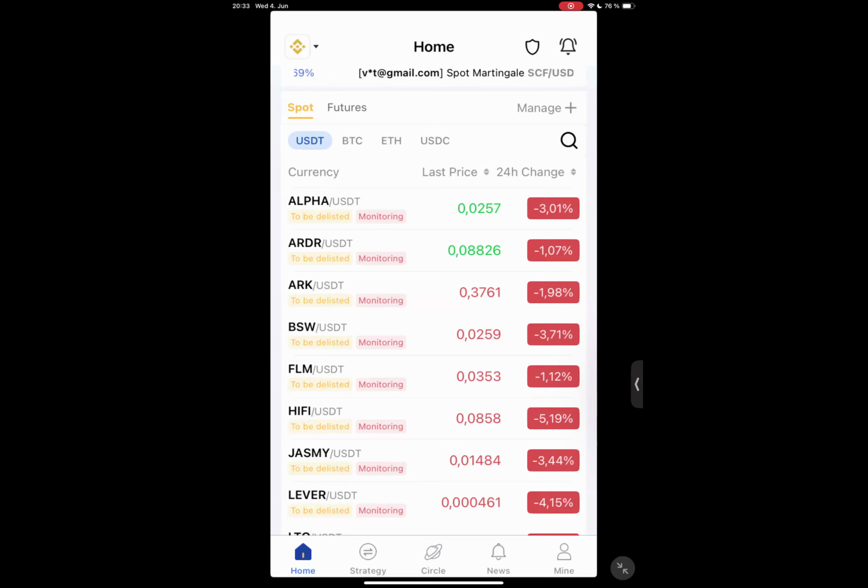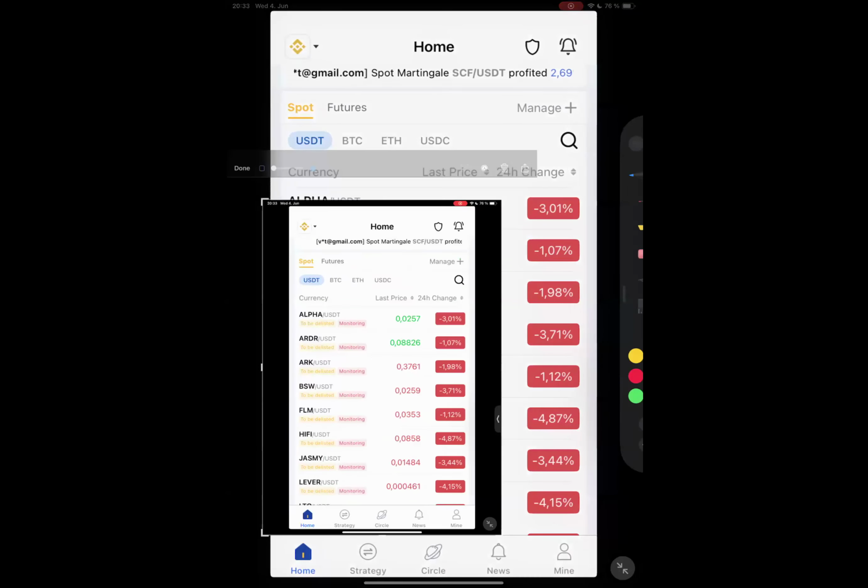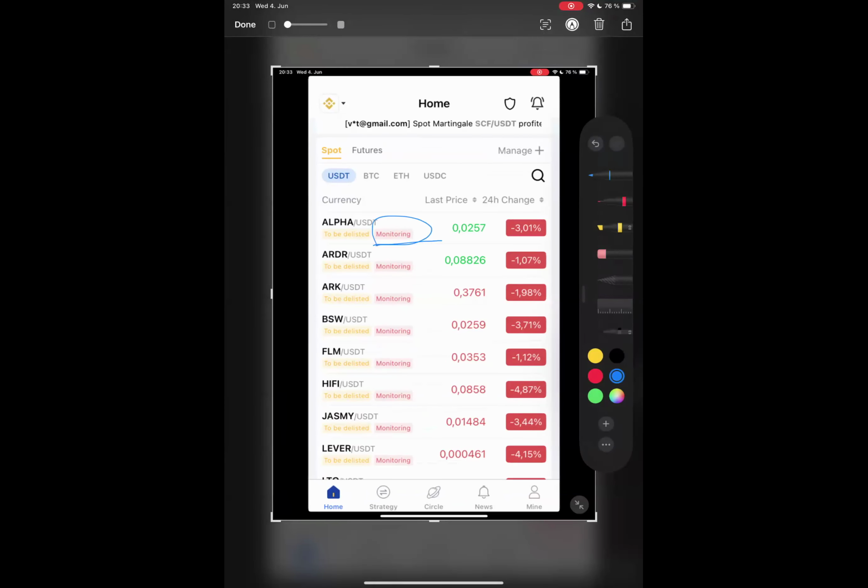All right. So the new members, anytime you see monitoring, it's called the monitoring tag. If it's on a coin, it's not tradable. It means they will soon be removing the coin. So that's why you see monitoring and to be delisted. Now, some of you might only see monitoring without to be delisted.